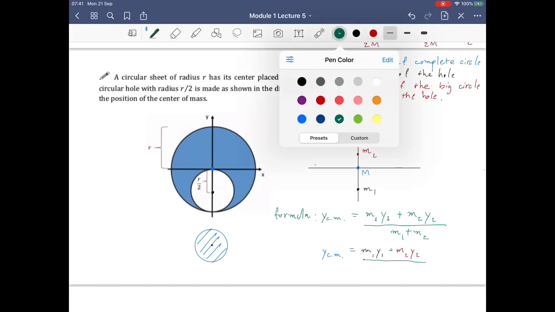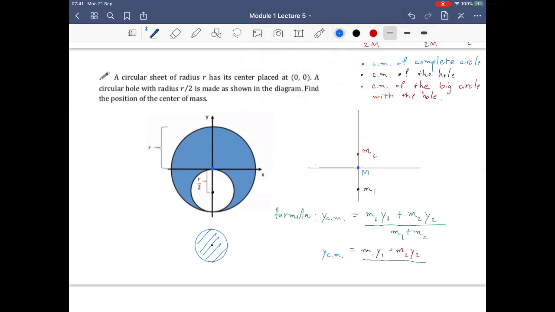Okay, and then divided by the whole thing. Now this whole thing is the total mass, which is the mass of the blue one, of course, so that would be big M.